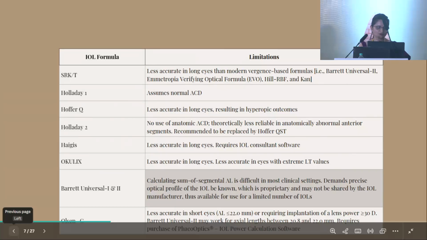However, by and large, Barrett's Universal 2 is very popular and also is very accurate in most cases. Other newer formulas such as Olsen are less accurate in shorter axial lengths, 22 millimeters or lesser, and those which require implantation of more than 30 diopters. So Barrett's Universal 2 may work for these axial lengths.